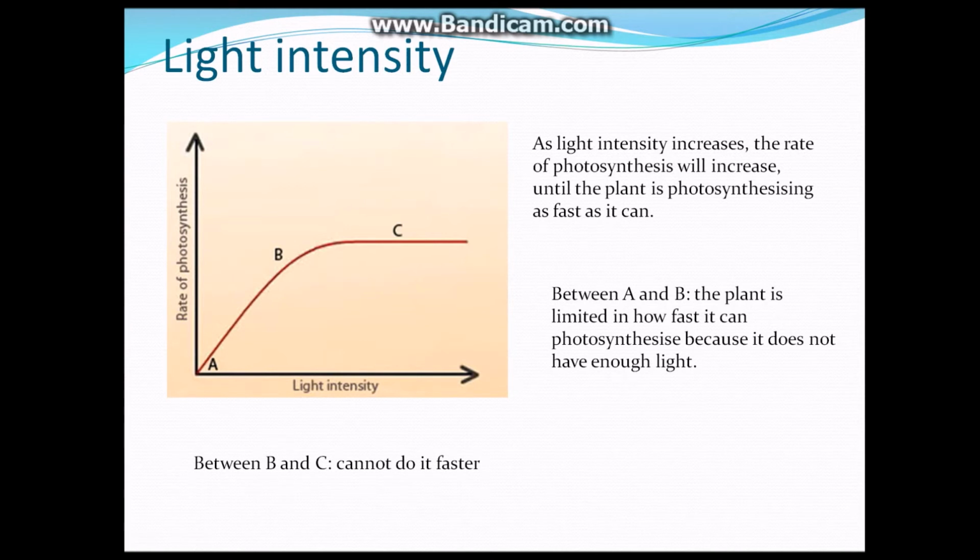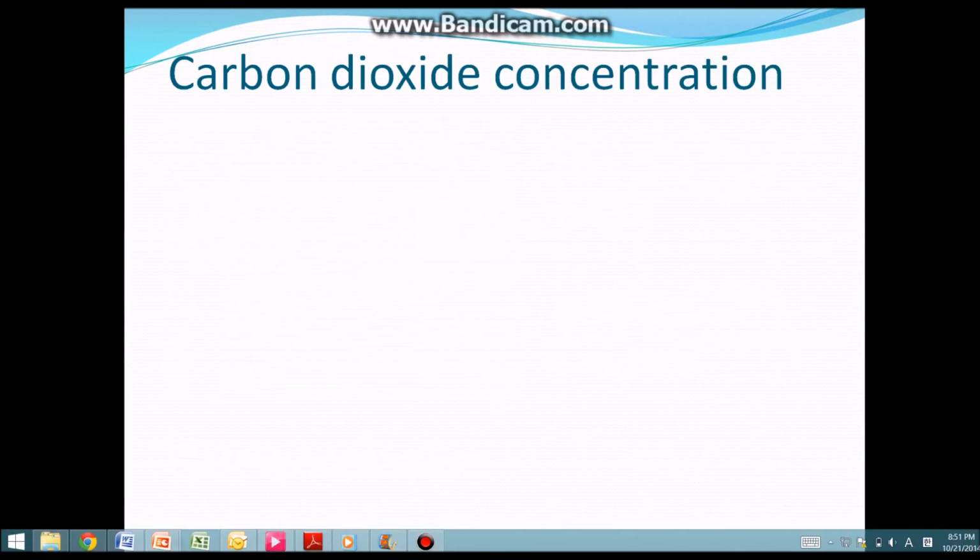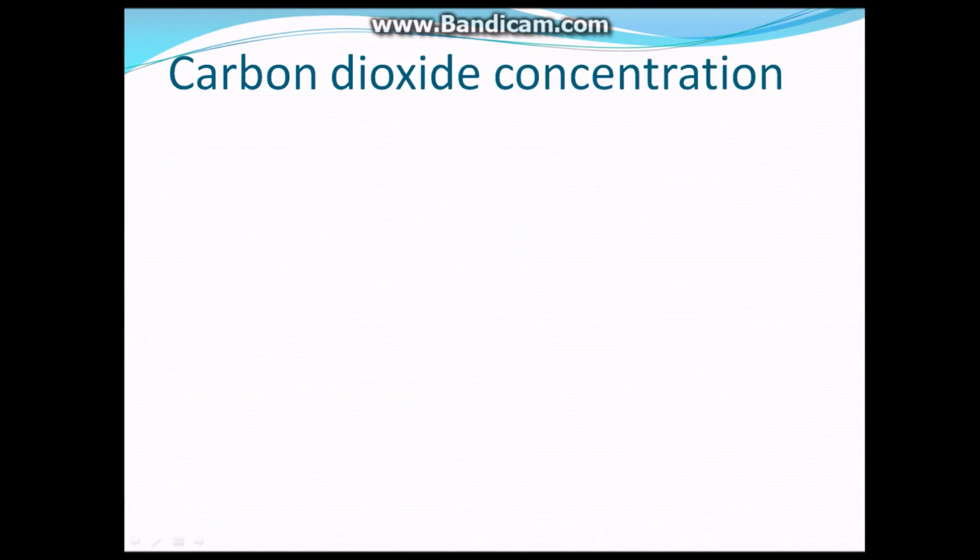Between A and B, the plant is limited in how fast it can photosynthesize because it doesn't have enough light. Between B and C, even if more light is shone on the plant, it still cannot photosynthesize any faster. Second one, carbon dioxide concentration.